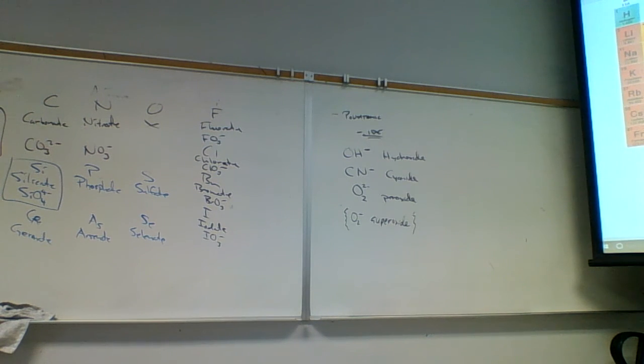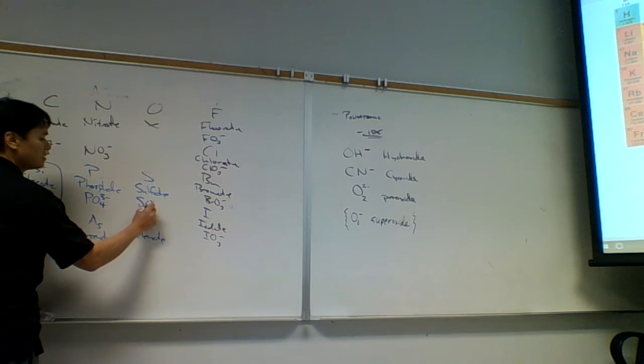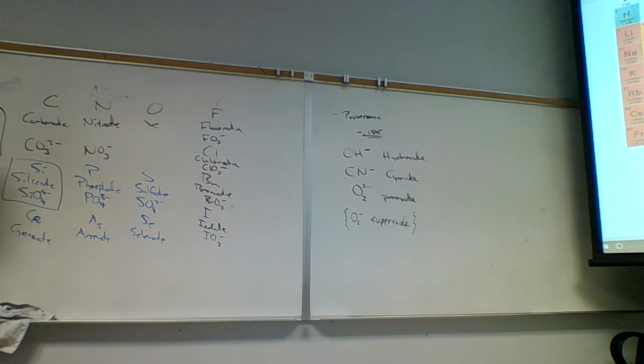Do you know the formula for phosphate? The formula for phosphate is PO4 3 minus. The formula for sulfate is SO4 2 minus. Do you see a pattern? Yeah, there's a pattern there.